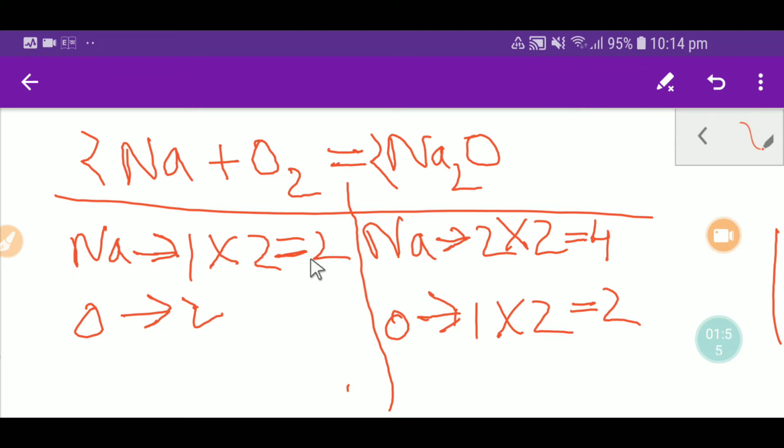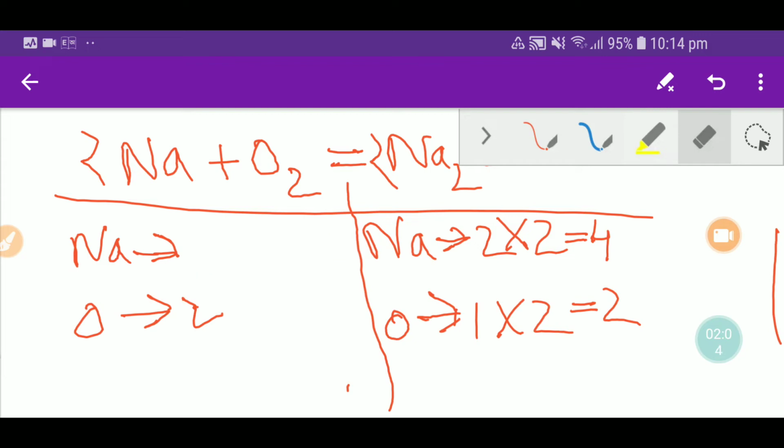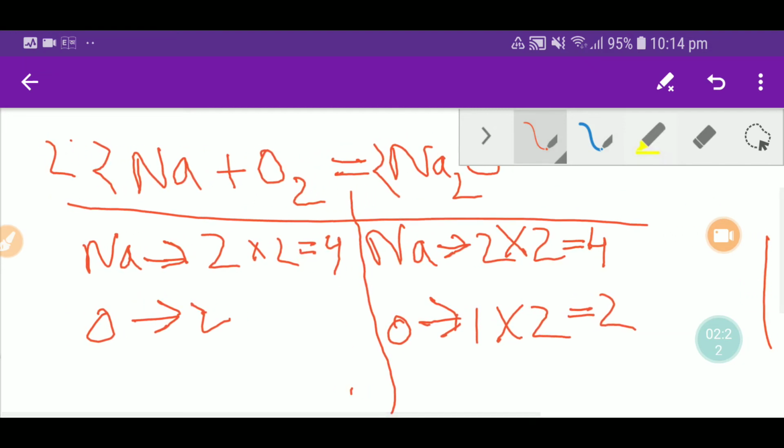Here we have 2 sodium but here we have 4, so to balance the sodium what can I do now? Here we have just 2 sodium, we know that, and here we have 4, so what can I do now? I can multiply here by 2, that gives me 4, and these 2 must come before this sodium that is here, so 2 times 2 that gives you 4, right?